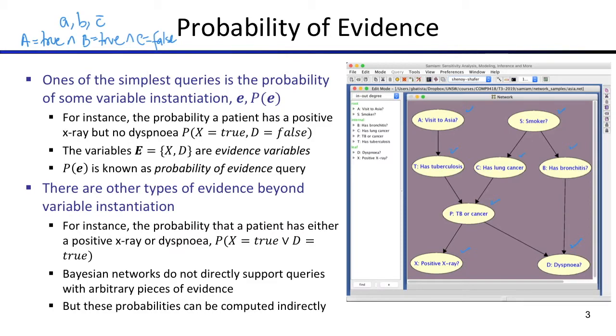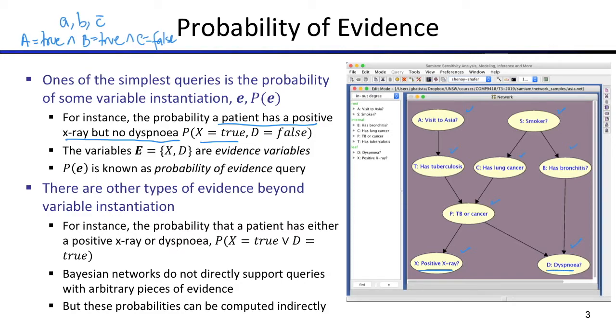So we can ask if a patient has a positive X-ray but no dyspnea. And in this case, we have X equal true and D equal false. So we have this variable here equal true and this variable equal false.